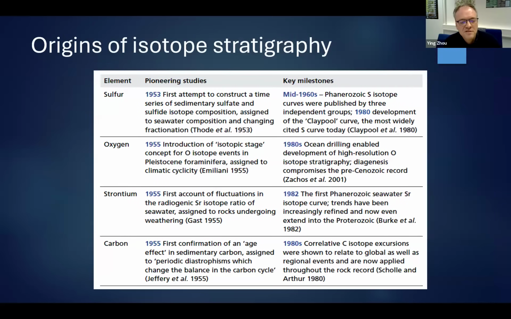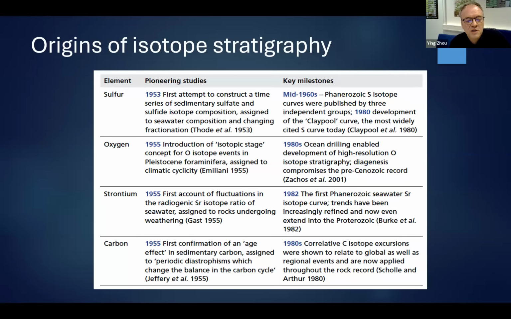Strontium is one of those conventional isotopes that seems to have been around for a long time. There was a lot of pioneering work, especially in the 1950s, as with sulfur, oxygen, and carbon. The first account I can think of of fluctuations of 87-86 in seawater, assigned to rocks undergoing weathering, with material dissolving and going into the ocean, was Gast 1955, so very early on.